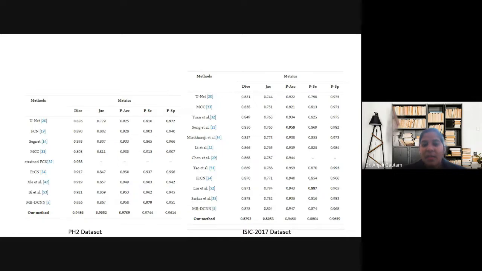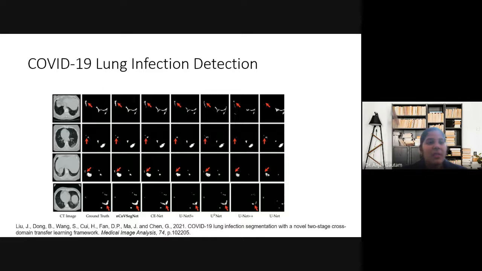On the ISIC 2017 dataset, they obtained a dice of 0.8792, which means there is a heavy chance that you can work on this dataset and improve the methodology.